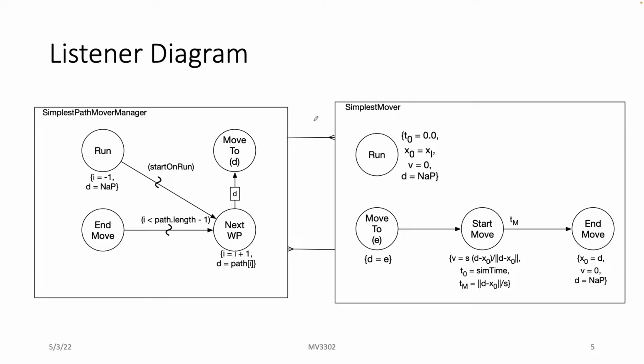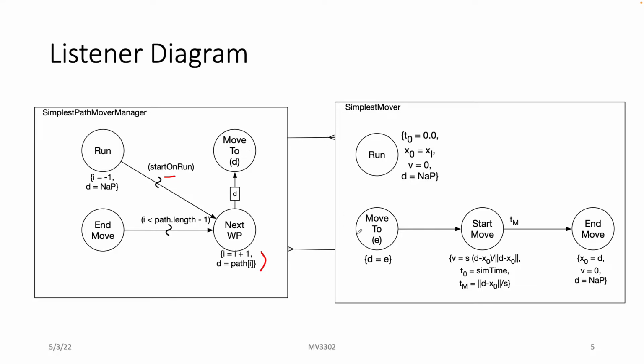If you think about it, that should make sense. So let's say this run event happens first for my mover. Again, nothing else gets scheduled. Then this run event will occur, and if I have set start on run to true, it will schedule next waypoint, which will set up the next waypoint for me and pass it as an argument to the move to event.